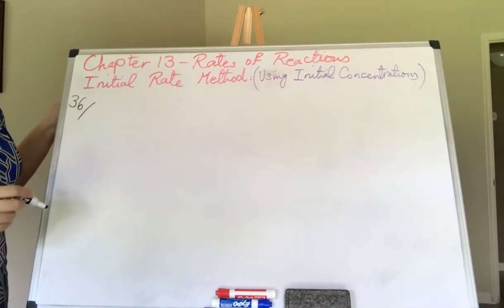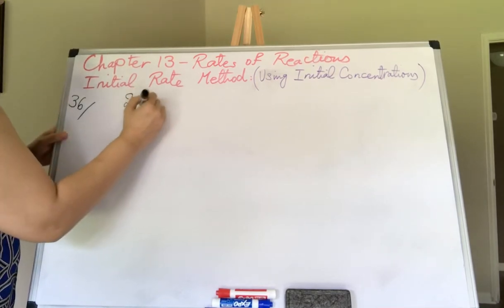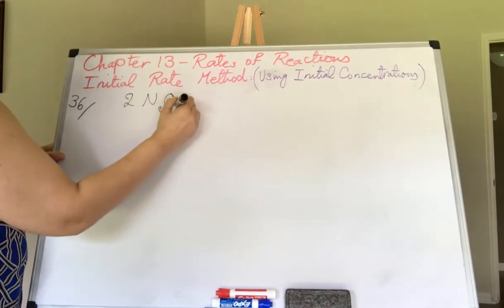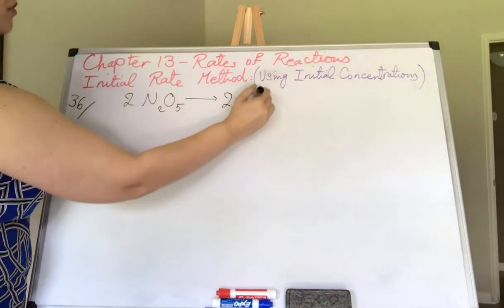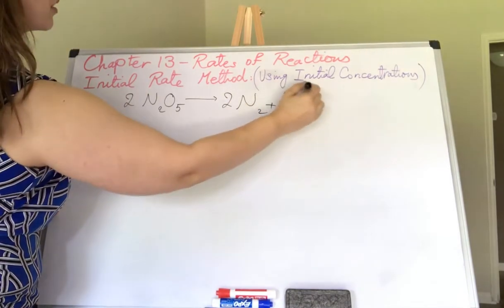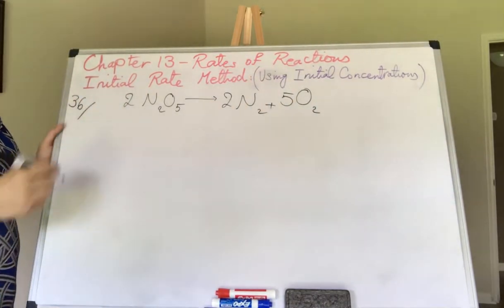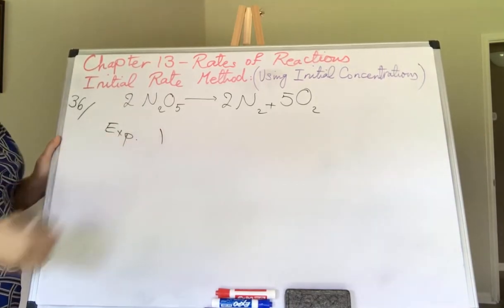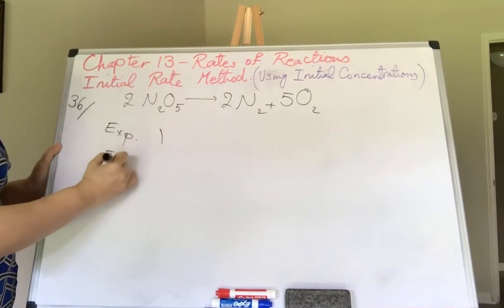The question is saying that the decomposition of N2O5, we had it before, changes to 2 molecules of nitrogen and 5 molecules of oxygen. We normally set more than one experiment.